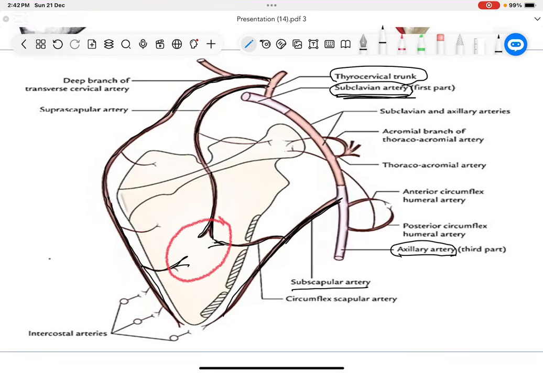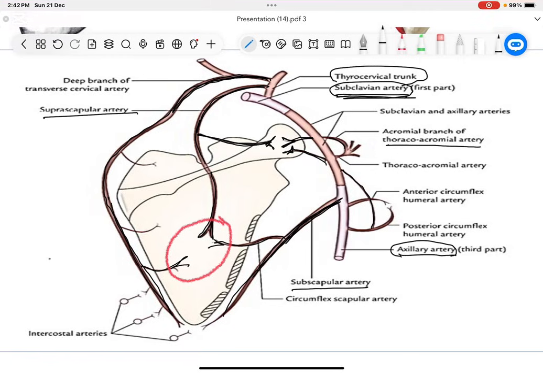Similarly, there is one more anastomosis on the acromion process. One branch is coming from the suprascapular artery, called the acromial branch of the suprascapular artery. One branch is coming from the thoracoacromial artery, called the acromial branch of the thoracoacromial artery. Then the last branch is coming from the posterior circumflex humeral artery, also an acromial branch.